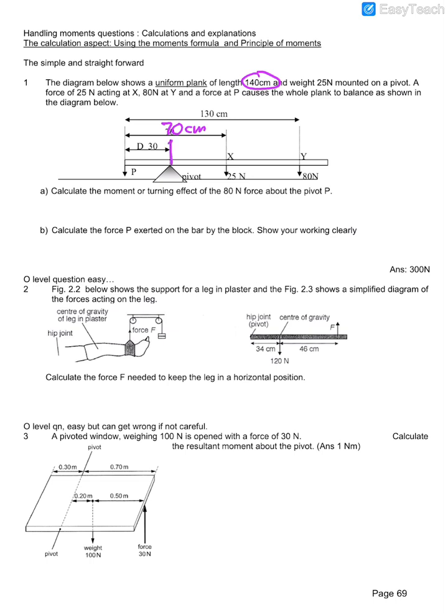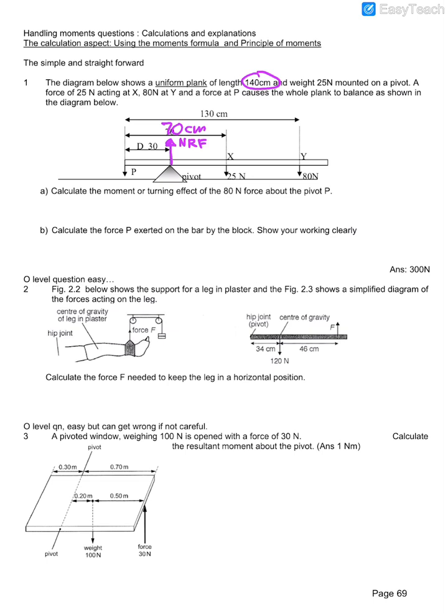So I label it here, normal reaction force. For any calculation question, the first thing you do is look at the diagram and label all the forces. They never label for you. Here they label everything already, except the normal reaction force.